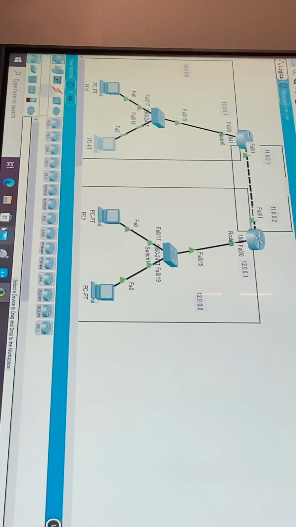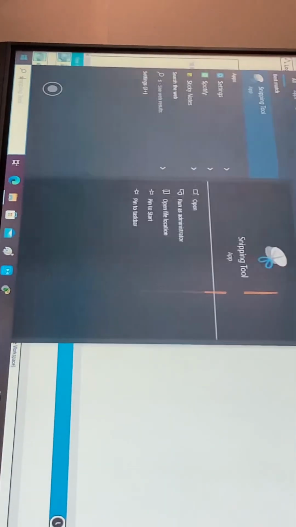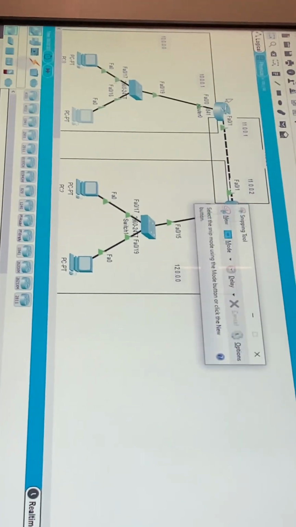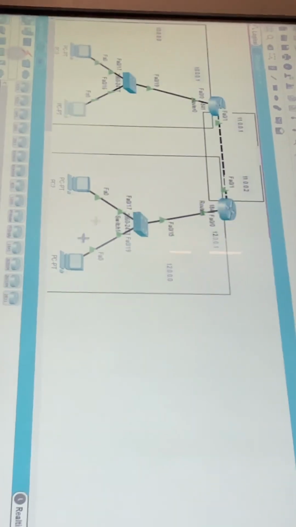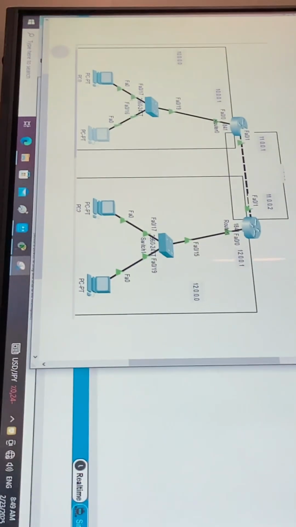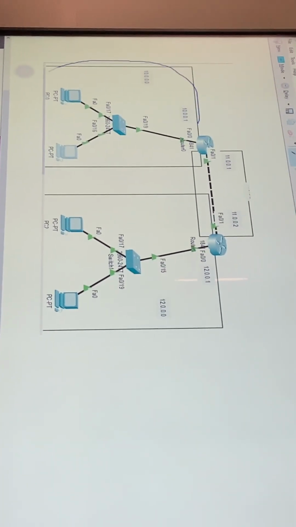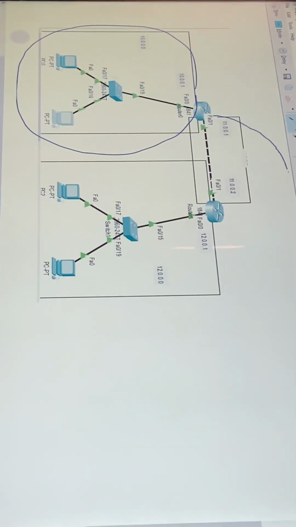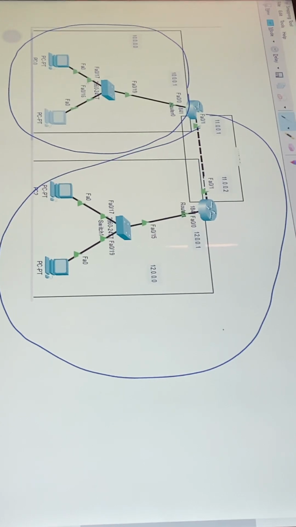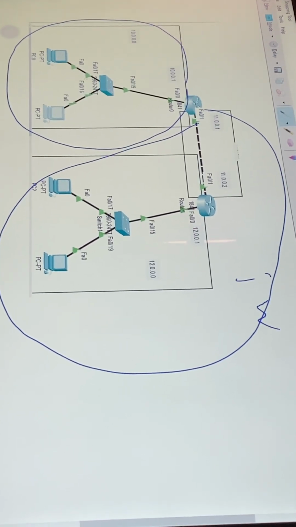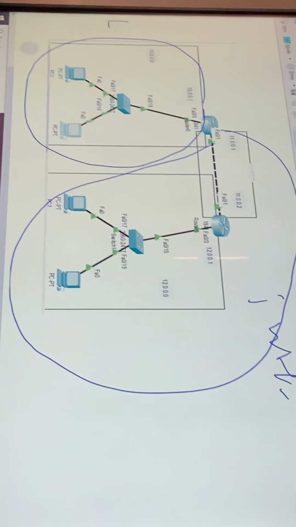Before we start, we should know something. This is called the internal network, and this is called the external network. So this is the internet, basically, and this is the LAN.